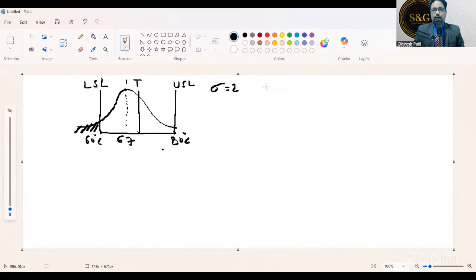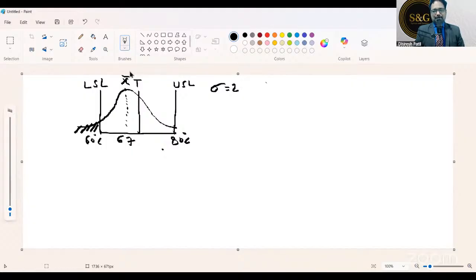Can you calculate Cpk upper and Cpk lower both? And give me the answer in the chat. What will be Cpk upper and what will be Cpk lower? So 67 is my X bar, which is my mean, which has shifted a little on the lower side. Very good, Jitendra.